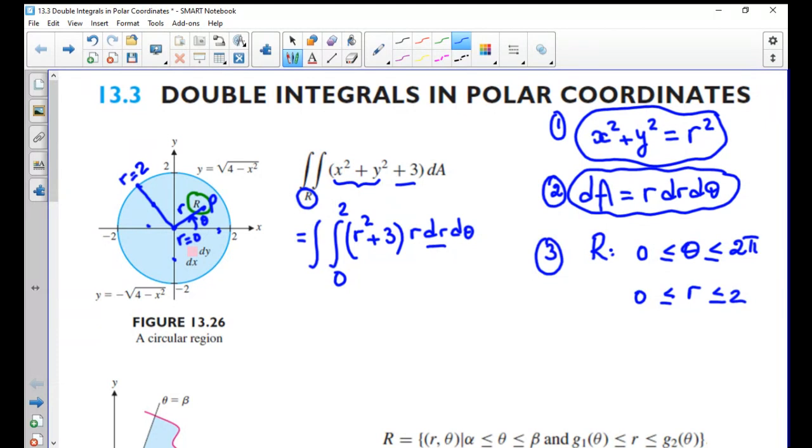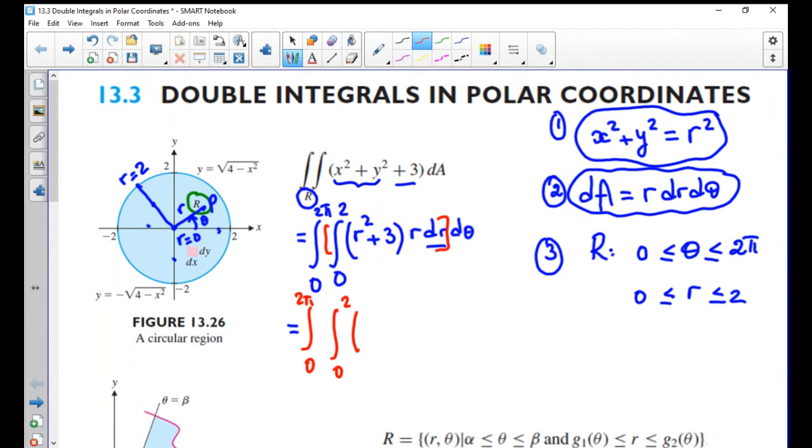And theta will go from 0 to 2 pi, like this. And now we can do this integral without too many problems. So I'm going to keep 0 to 2 pi. It's okay. Then 0 to 2. But now open the bracket.